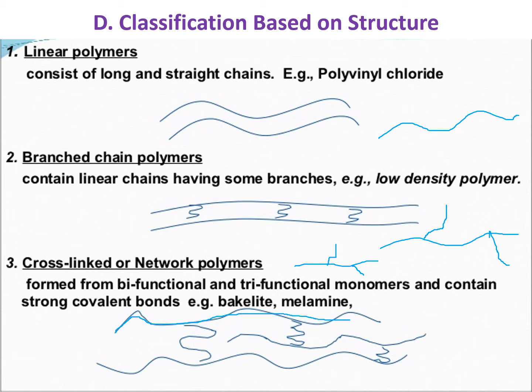This is another linear polymer chain. Both are connected with cross-linked bonds between the two polymer chains. That's why it is called a cross-linked polymer. Because of these structures, their properties also change. I will explain in later slides how they influence the properties of the polymers.